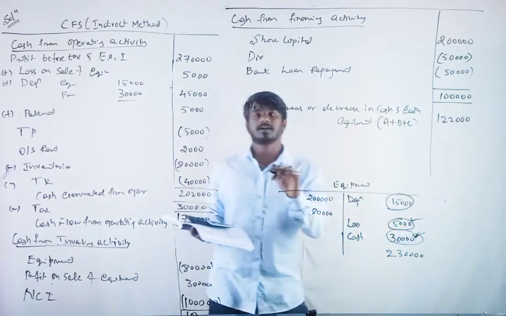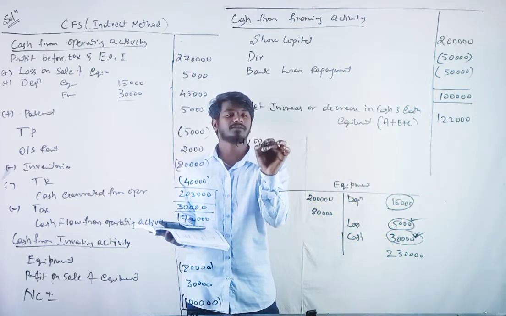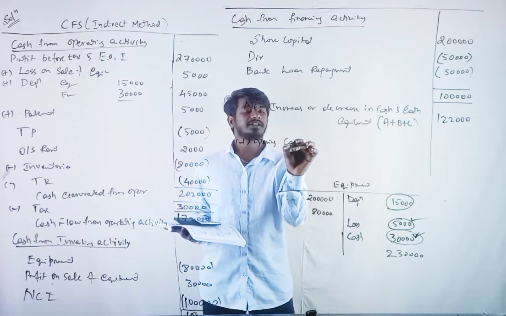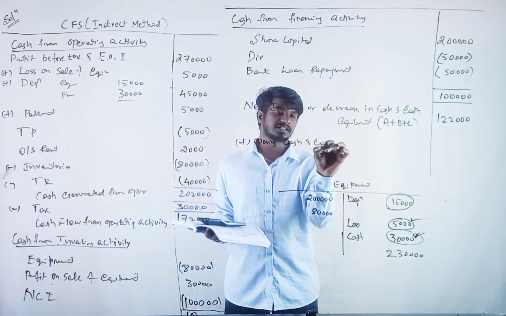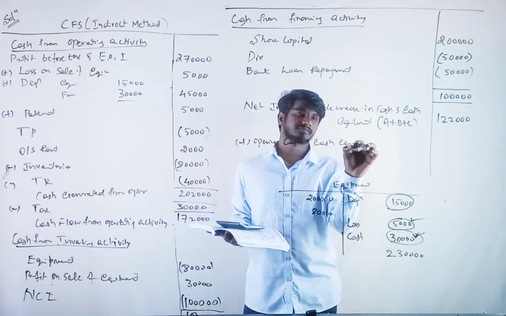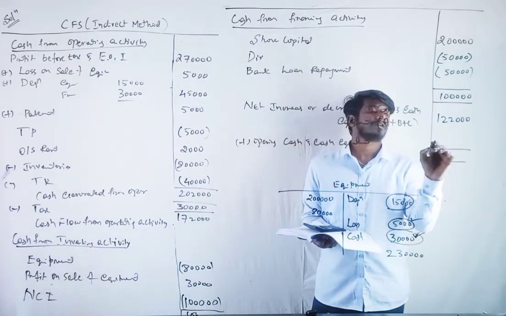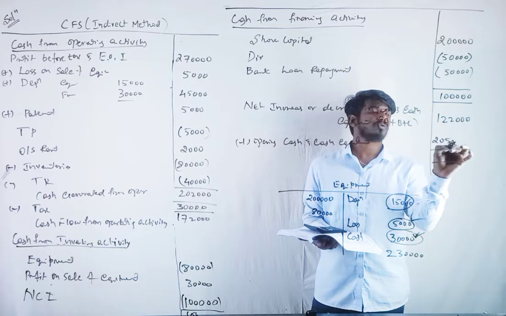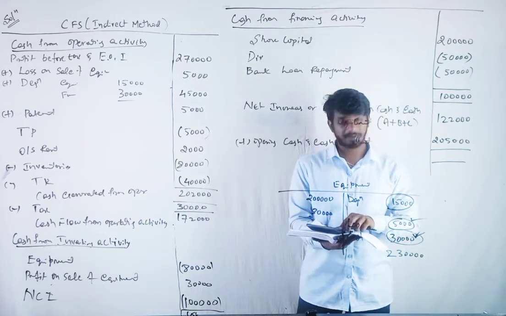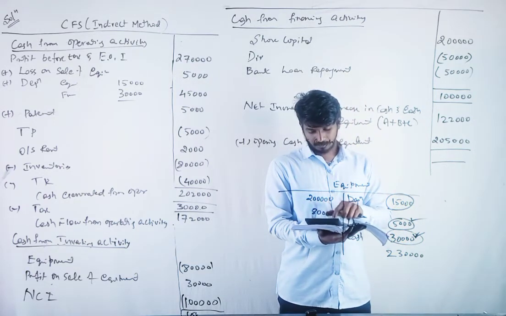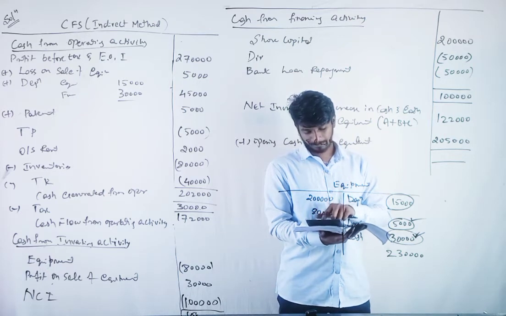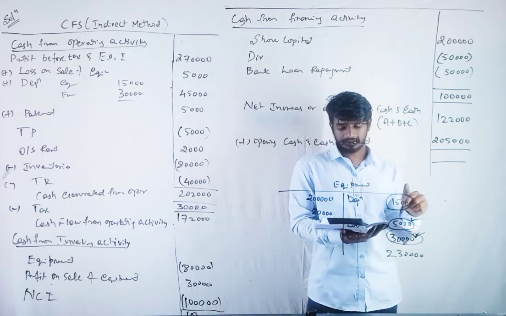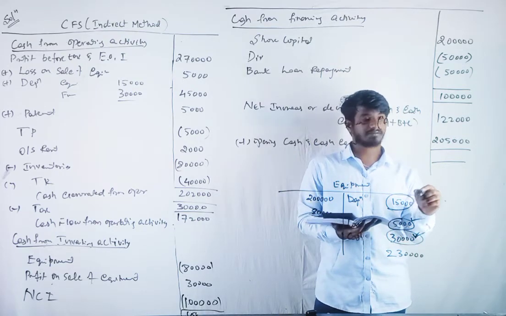1,22,000. And if we add opening cash and cash equivalent, how much is the opening cash and cash equivalent? It is 2,05,000. Okay, 1,22,000 plus 2,05,000, 3,27,000.